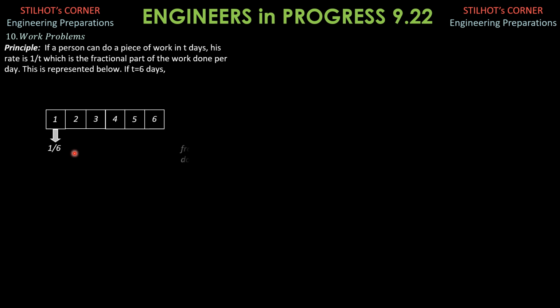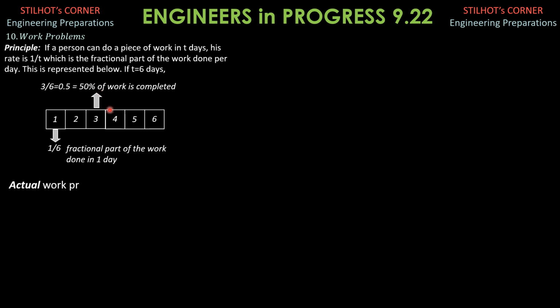That's the fractional part of the job completed in working for one day, or 16.667% of the job is completed after working for one day. If he works for 3 days, 1 over 6 times 3 is 0.5 or 50% of the work is completed. So that's the principle.